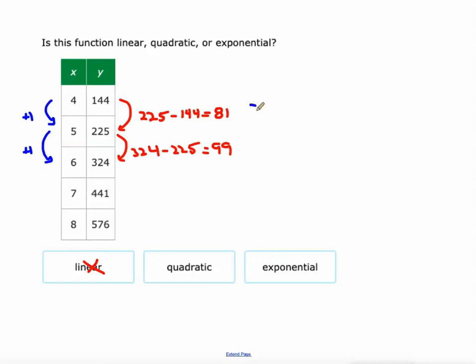What if I do 225 divided by 144? What do I get there? It's about 1.56. And when I do 324 divided by 225, I need to get that same value.